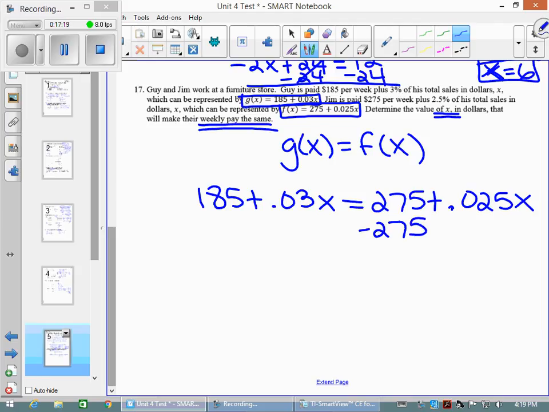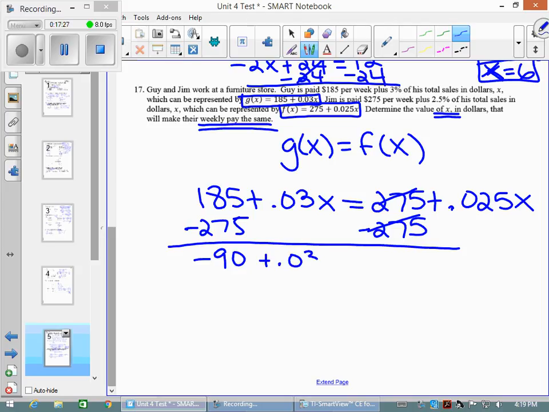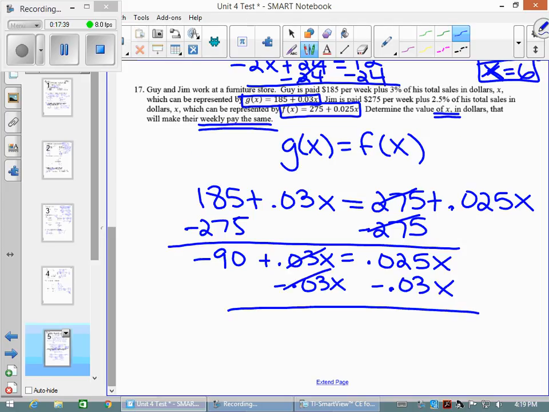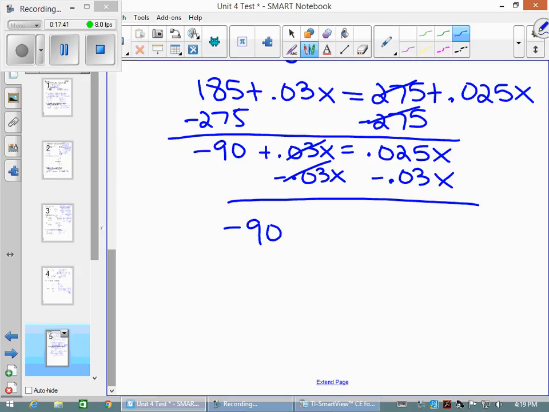And I get negative 90 plus 0.03x is equal to 0.025x. I'm going to subtract that 0.03x. I get negative 90 is equal to negative 0.005x.